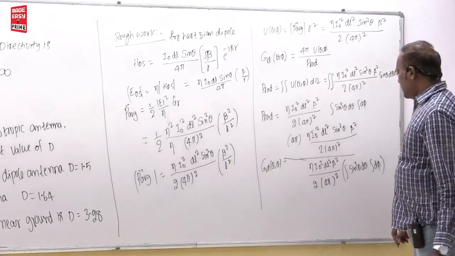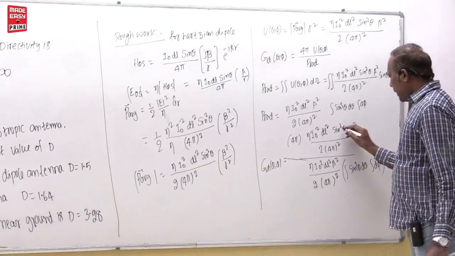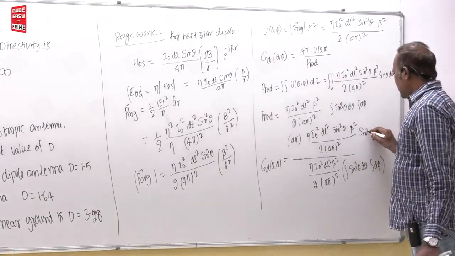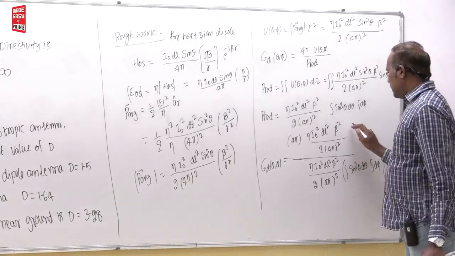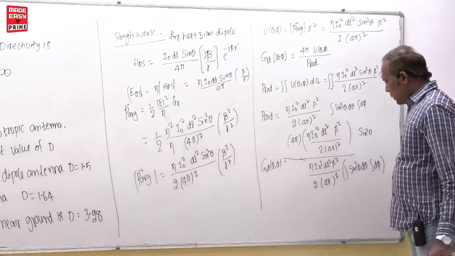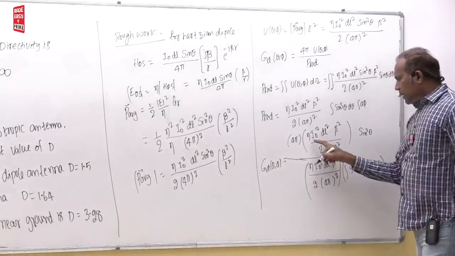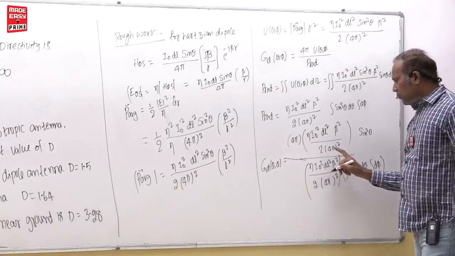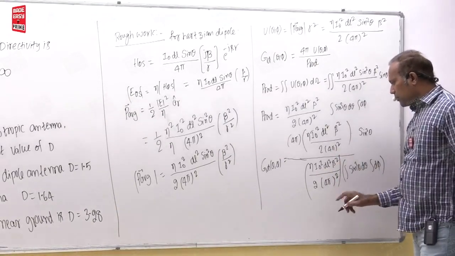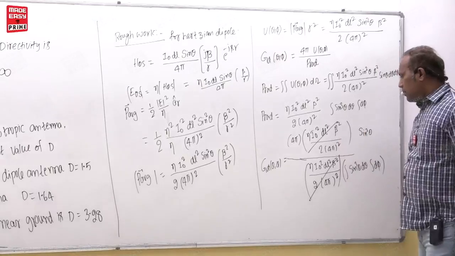Ultimately, student, here you can see I am writing this sin square theta here, then beta square is there here. This one, this one, same: eta I naught square dl square beta square, 2 times 4 pi square. This is gone.